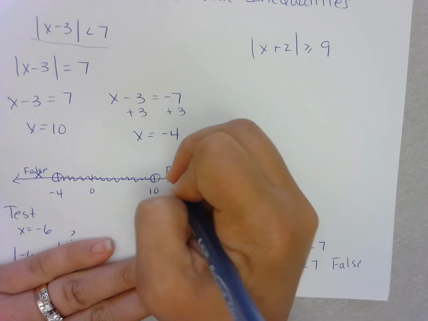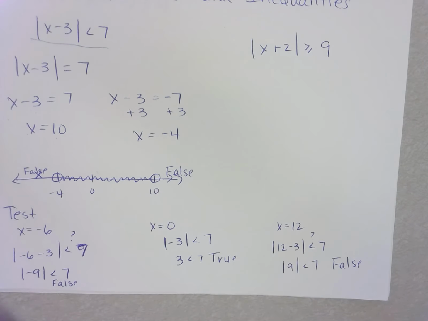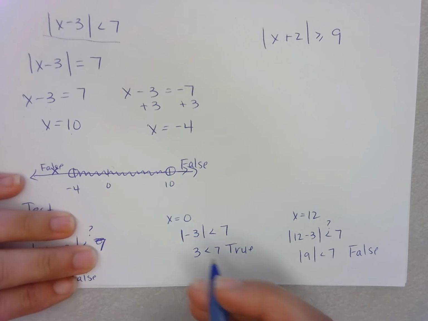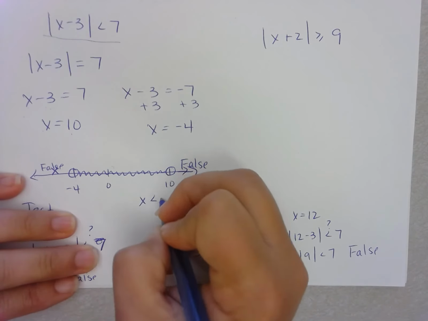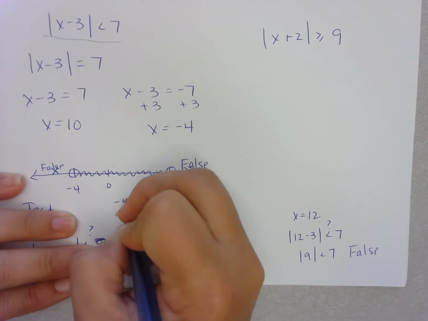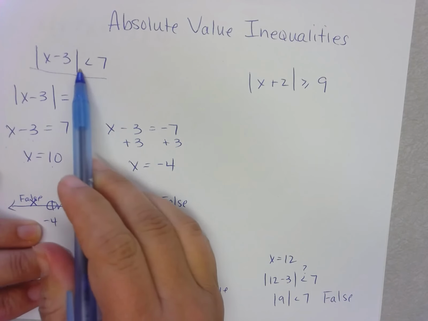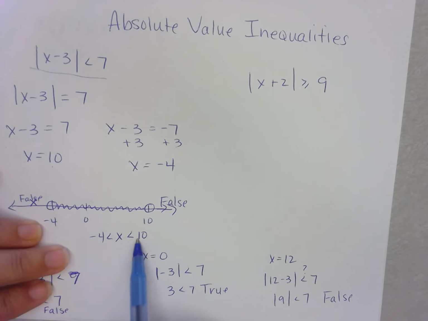So this is also false. So my inequality, when it's written like this, I can write it as x is between 10 and -4. Now I don't use the equal signs because this original one didn't have the equal, so I'm not going to use them here.